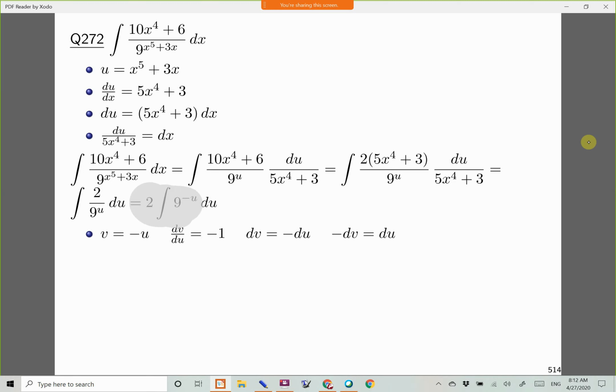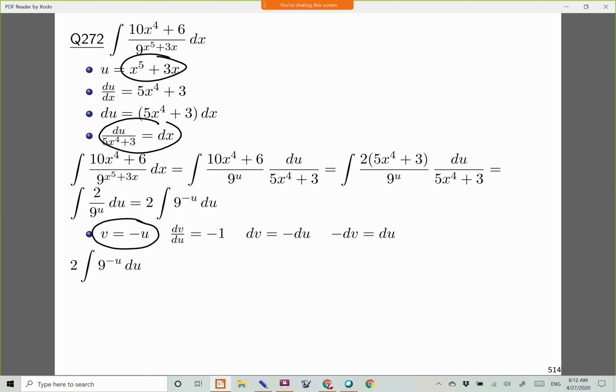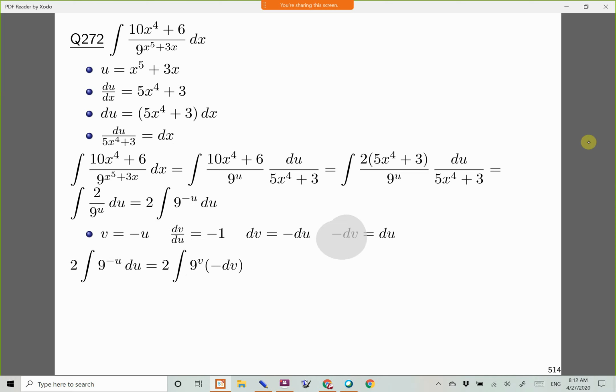Let's take a look at this most recently written version of the problem. Copy it there, and then make the replacements. So the replacements, just like over here, we use this, we use that. Now our replacements are based on that and this. So making those replacements, we'll have 2 times the integral of 9 to the, here's the negative u that just got replaced with a v, and then the du gets replaced with negative dv.